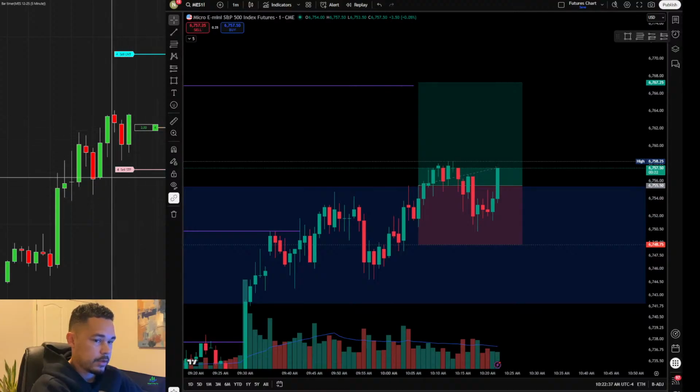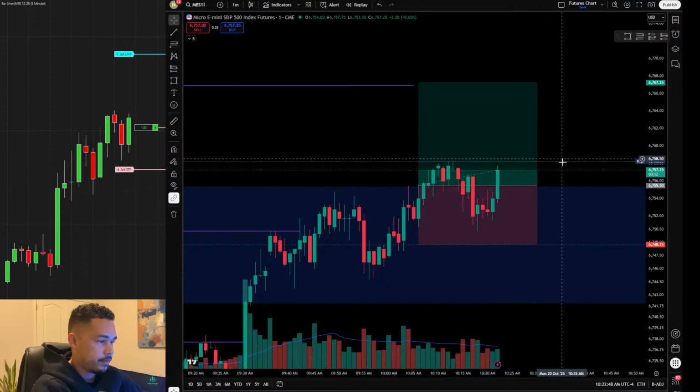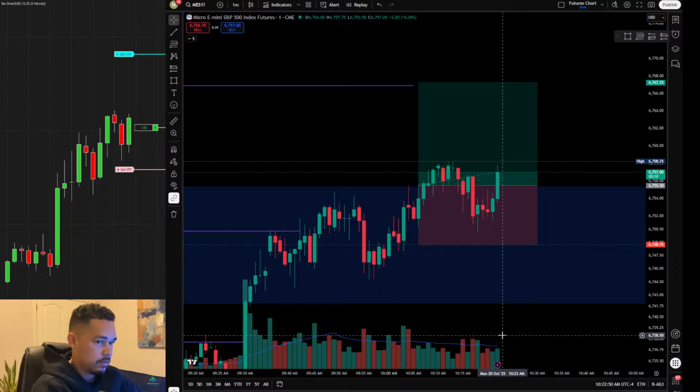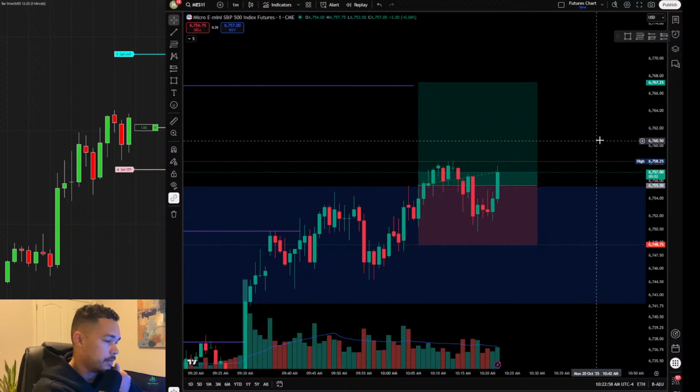But luckily I did move my stop. Usually I would want to put my stop at this low at 67.47, but okay, finally at a drawdown, so let's see if we can continue higher at this point.